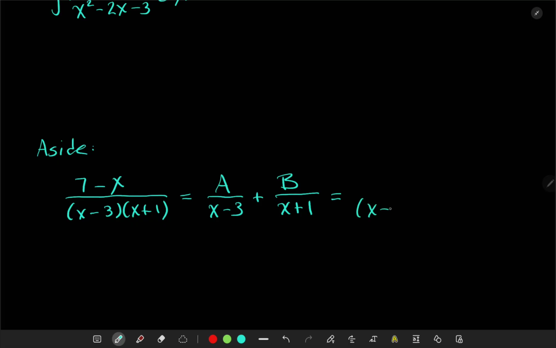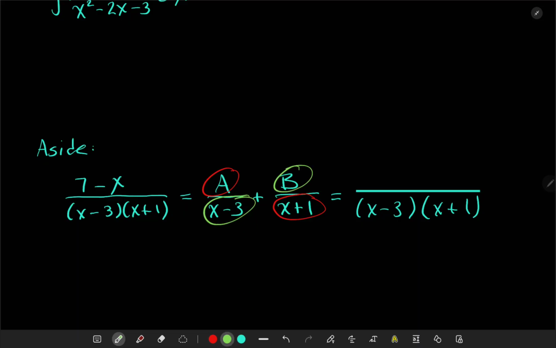If you don't like common denominators, this section is going to be a little annoying, but you'll get used to it. There's one method that doesn't quite use the common denominator, the so-called Heaviside method, so maybe you prefer that one. But in any case, I'm going to grab this one and multiply it times this one, doing my cross multiplication, and then grab this one and multiply it times this.